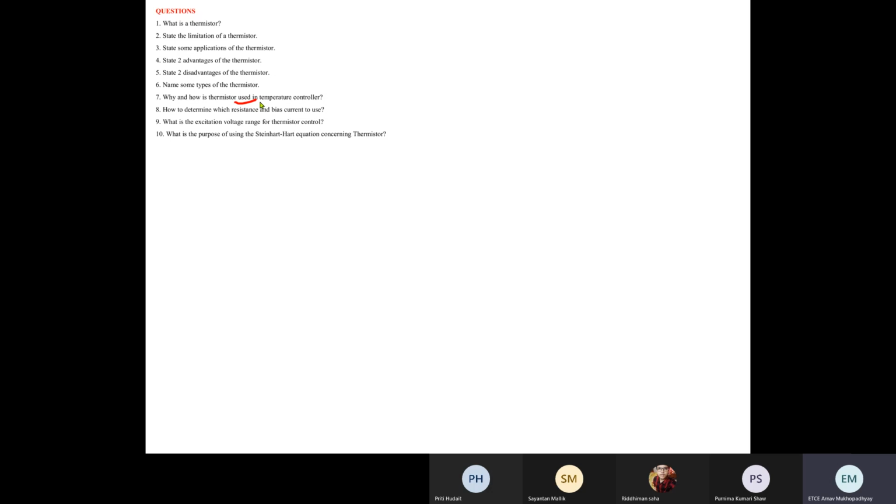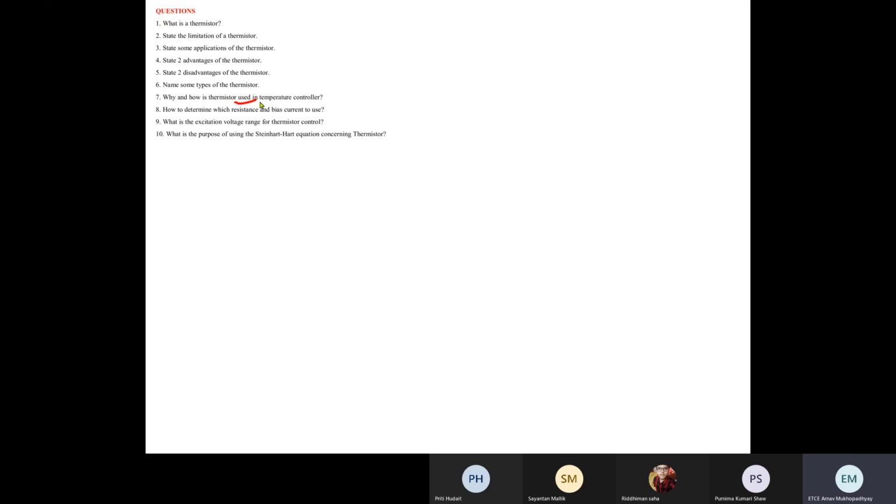What is the excitation voltage range for the thermistor control? You will get the answers there. Your excitation voltage should be sufficient to give enough bias current, whereas it should also ideally be at the center of the range.